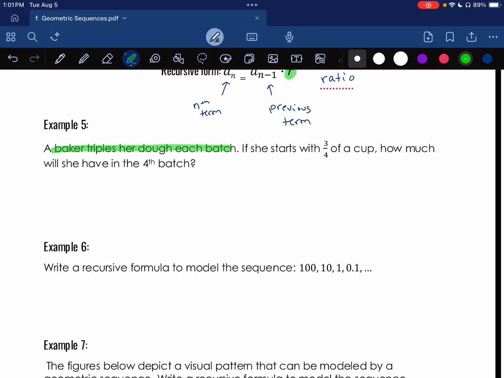So if you think about the recursive form, I have to know the previous term. So for example, if I know that I have 3/4 as my first term, all I would do is multiply that by 3. And instead of n, I'm going to say that this is my second term. So a sub 2 is going to be 3/4 times 3.